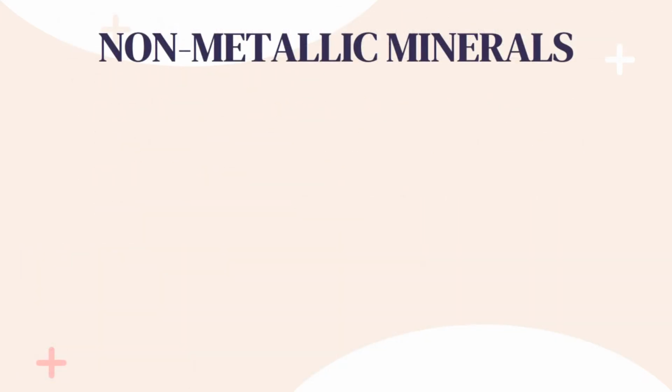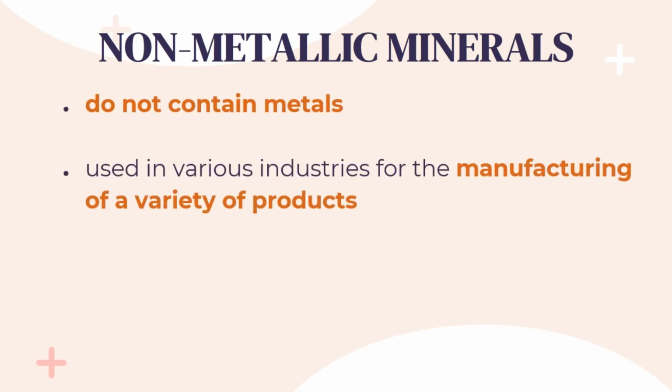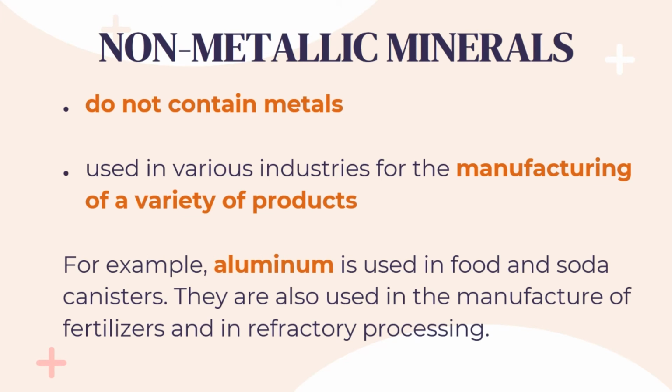Non-metallic minerals are minerals that do not contain metals. They are used in various industries for manufacturing of a variety of products, such as aluminum. Aluminum is used in food and soda canisters. They are also used in the manufacture of fertilizers and in refractory processing.